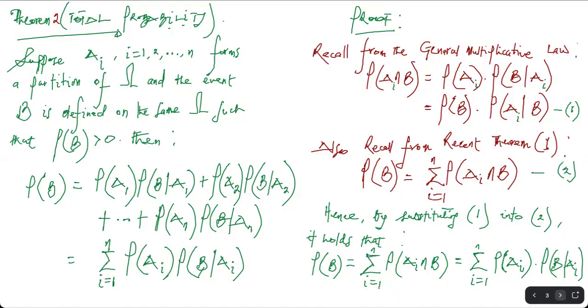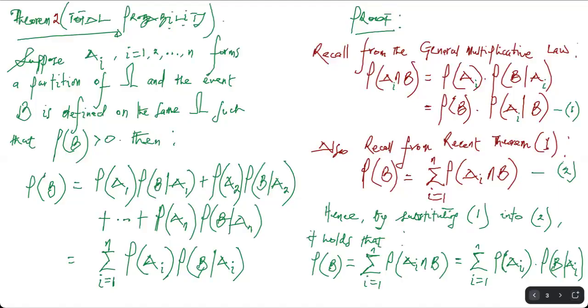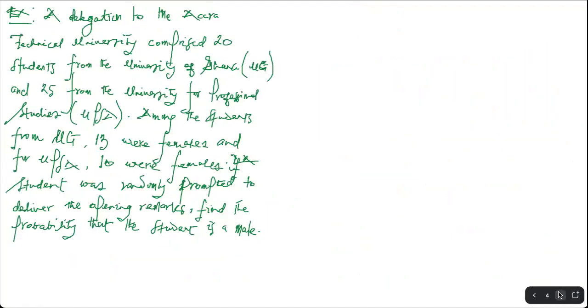Right. Just a quick example here. So given this proof, let's take a look at this quick example. A delegation to the Accra Technical University, ATU, comprised 20 students from the University of Ghana, UG, and 25 students from the University for Professional Studies, UPSA, both in Accra, Ghana.